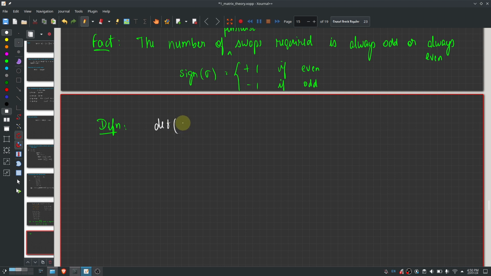The determinant of a matrix A is simply equal to the summation over all possible permutations sigma of the sign of sigma times a1 comma sigma of 1, a2 comma sigma of 2, up to an comma sigma of n.